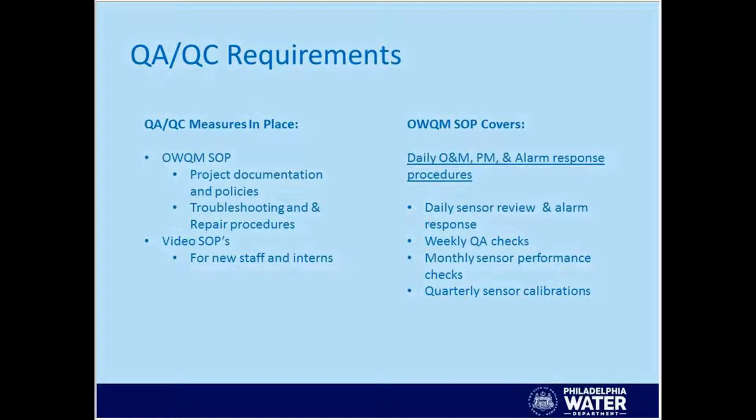The staffing requirements could be adjusted a little bit, but for the QA/QC measures that we have in place, we developed an online water quality monitoring SOP and also a QAP, which is a quality assurance project plan. The SOP includes all our project documentation and policies.